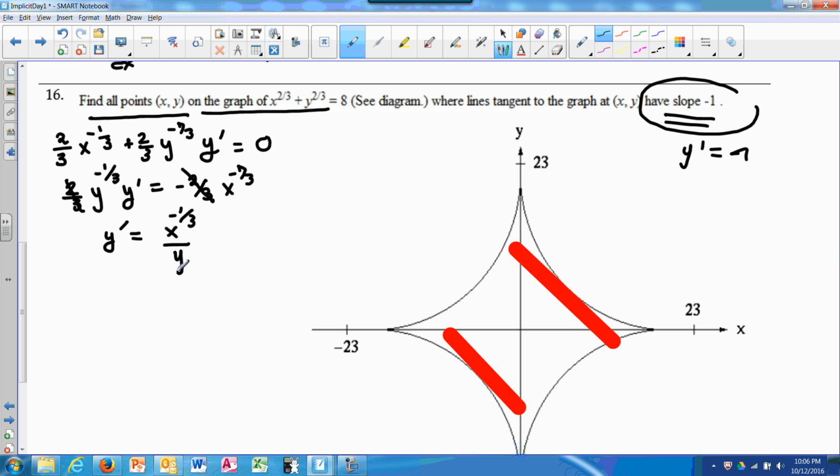divided by y to the negative 1/3, which actually comes out to be, both of them with a negative power means they're kind of in the wrong spot, y to the 1/3 divided by x to the 1/3, because that's what the negative power does. Flips it over. Now we want to have a slope of negative 1, which means we're going to substitute in negative 1 for y prime.